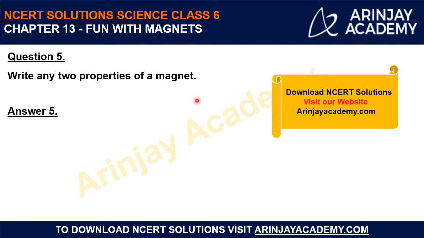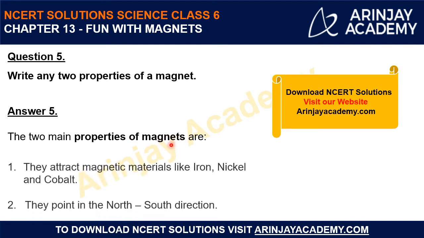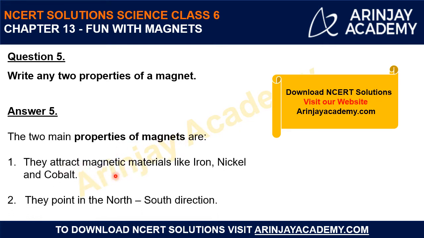Fine. Coming back to question 5, we are asked to write any two properties of a magnet. So हमें magnet के कोई भी दो properties enlist करने हैं. So let's see. The two main properties of magnets are, the first one, they attract magnetic materials like iron, nickel and cobalt.